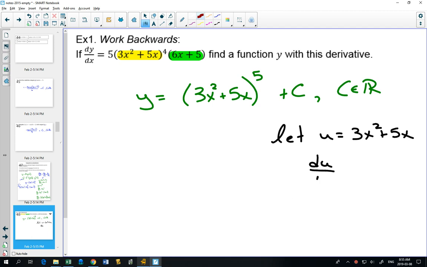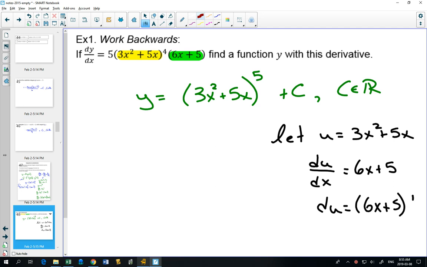Then du dx is going to be 6x plus 5. And although technically you're not just multiplying by dx, for simplicity's sake, we're multiplying by dx.